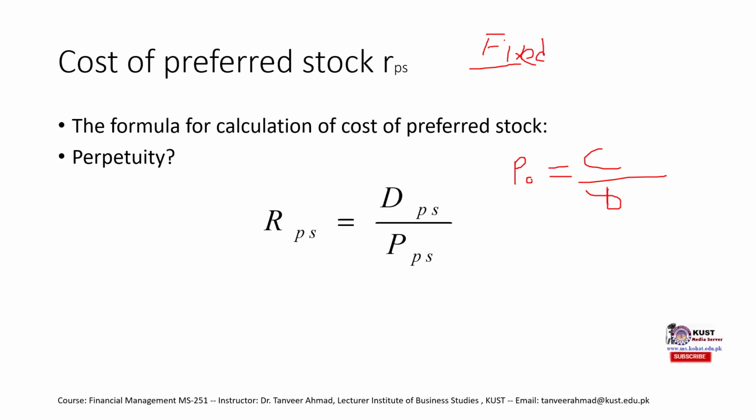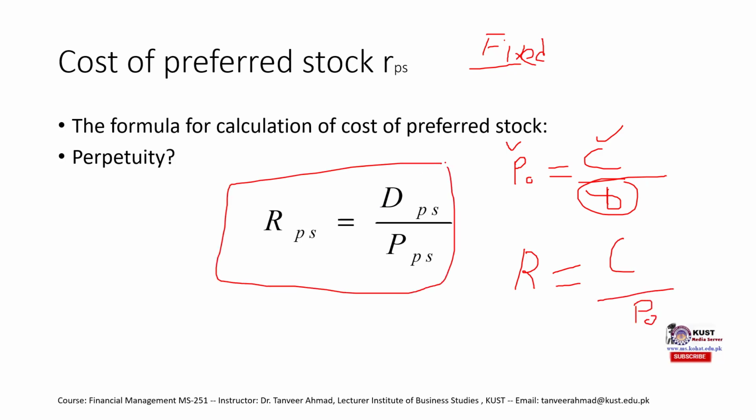And if you remember, we used this idea in the case of bonds and stocks. So if we are given the present value and the cash flow and we need to find the rate, then the equation becomes R is equal to C divided by P naught. This is what we have essentially done in this formula.